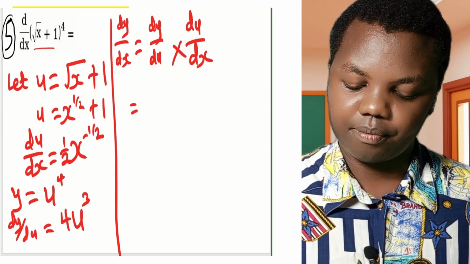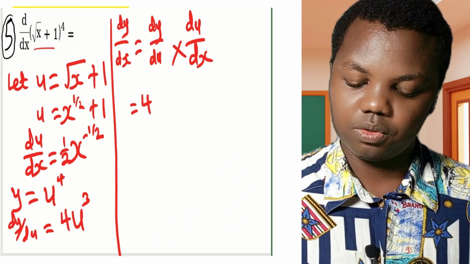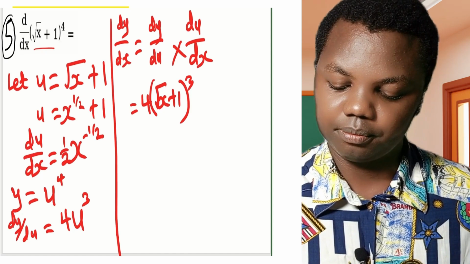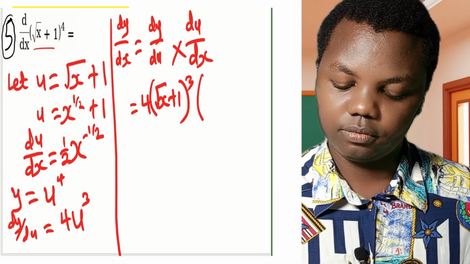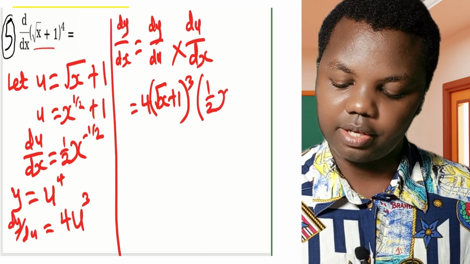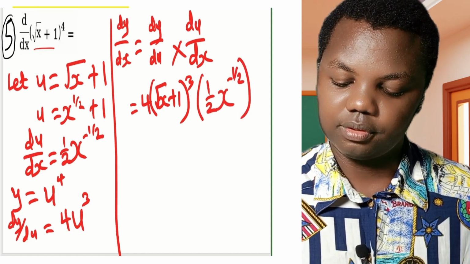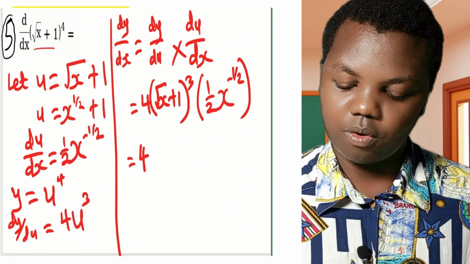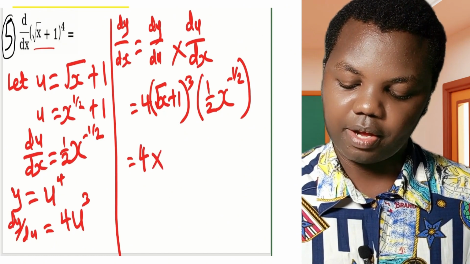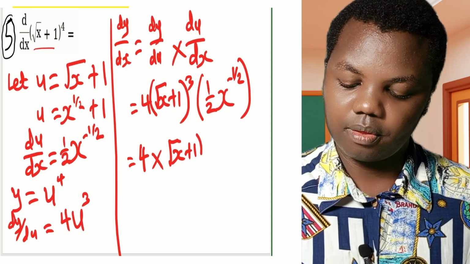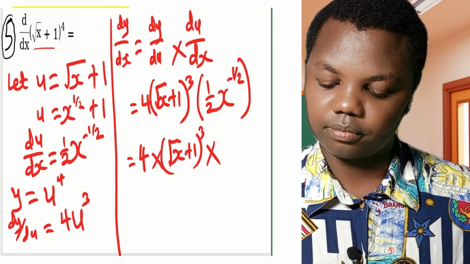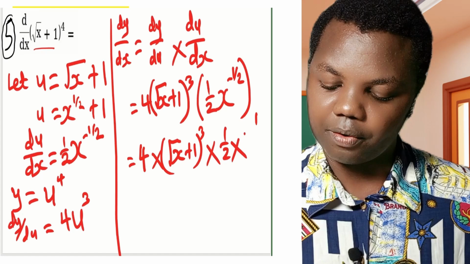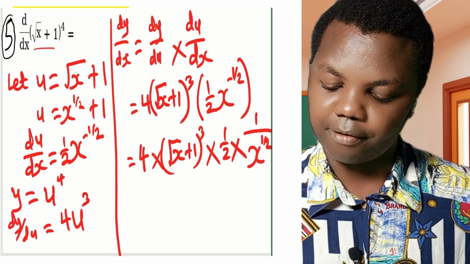This will give me 4 root x plus 1 to the power of 3, multiplied by half x to the power of minus half. So this gives me 4 multiplied by this, half multiplied by 1 over x to the power of half.